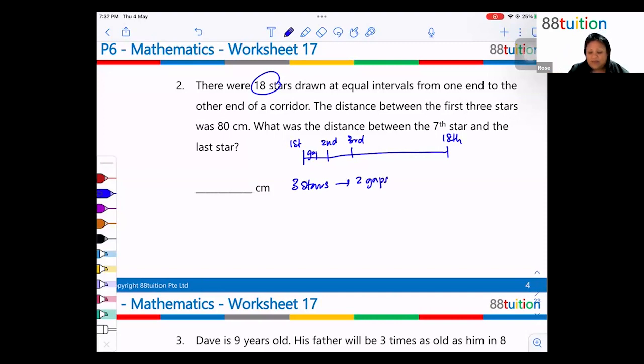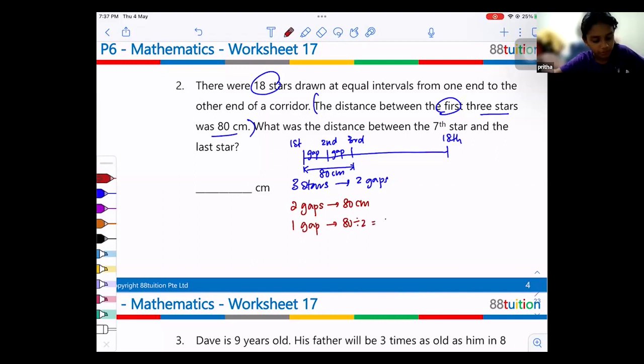This is a gap, and this is a gap. The question says the distance between the first 3 stars is 80 cm. That means 2 gaps, you have 80 cm. So what is 1 gap equal to? 80 divided by 2 gives me 40.